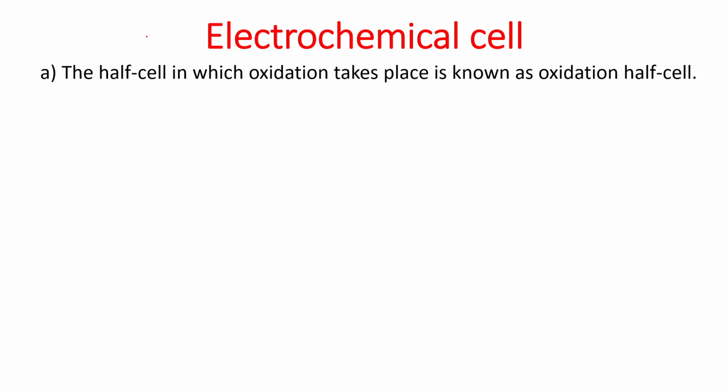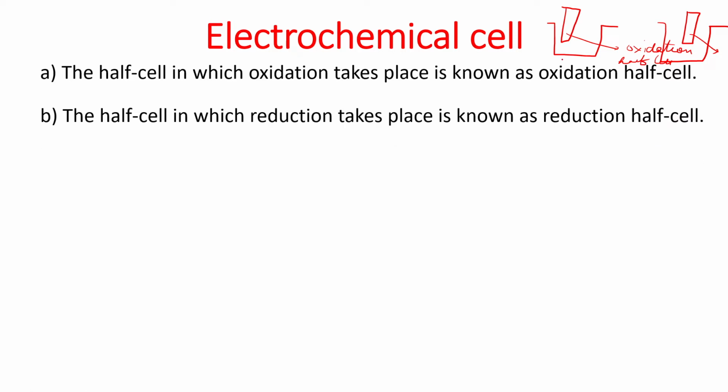The half cell in which oxidation takes place is called the oxidation half cell. Let's say this one is the oxidation half cell. The other one is where reduction takes place. This one is called the reduction half cell.